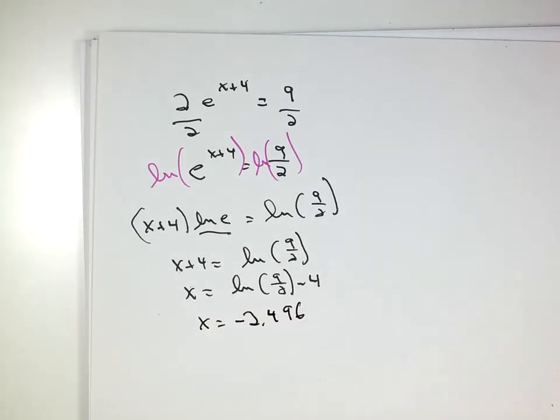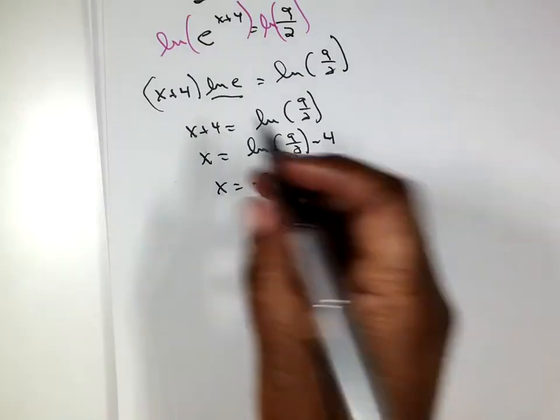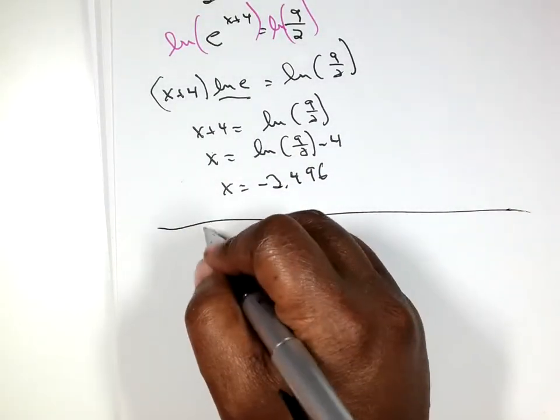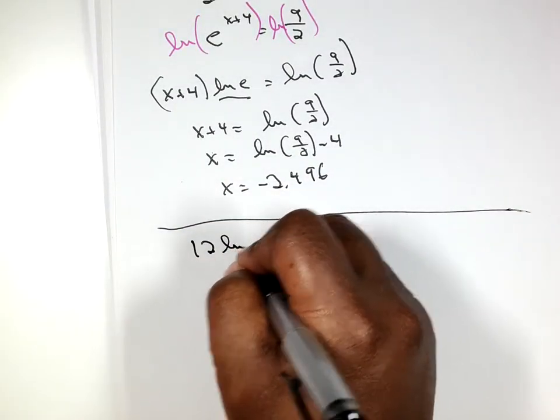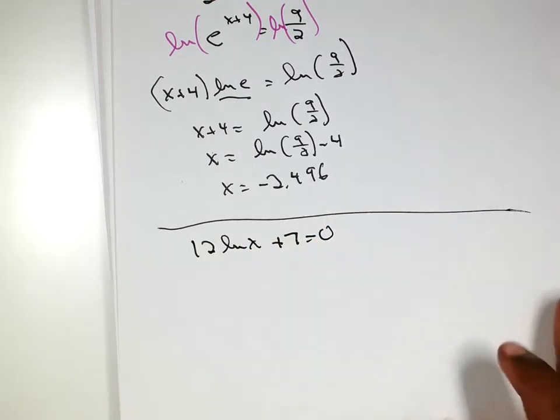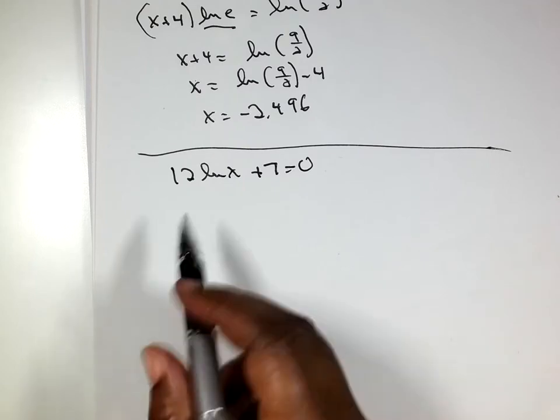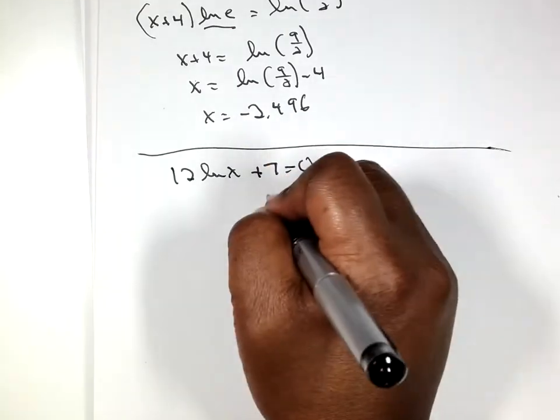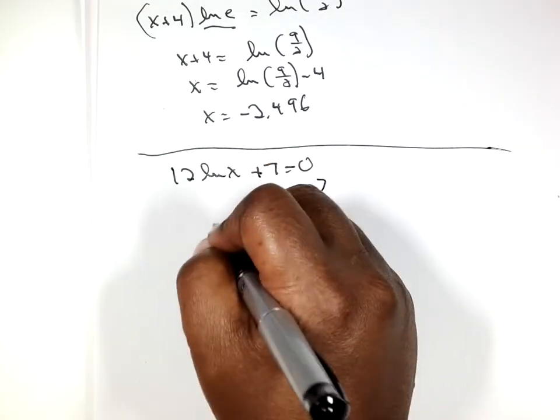And then another example I had is 12 ln x plus 7 is equal to 0. So I need to again isolate this. So first thing I'm going to do is subtract 7 from both sides.